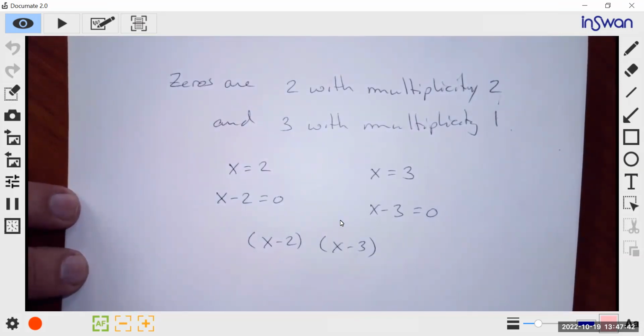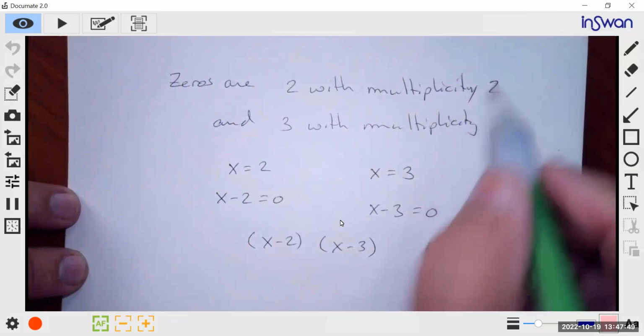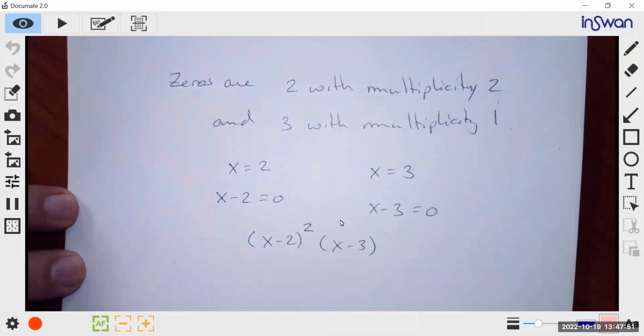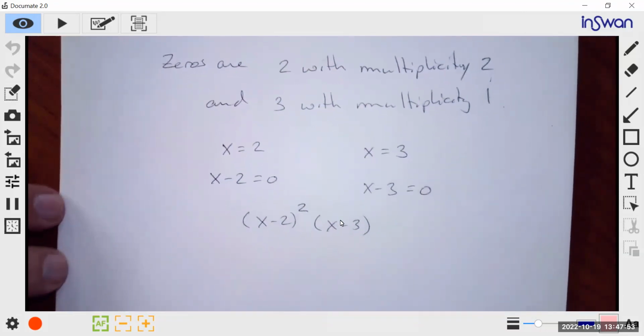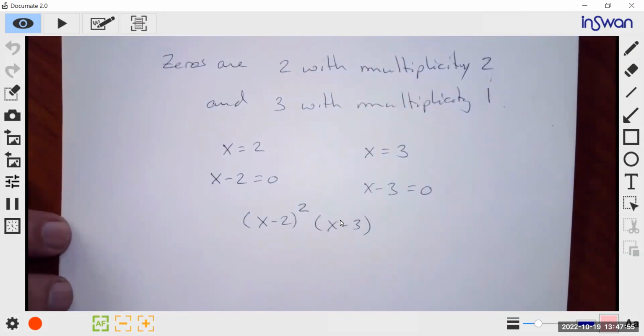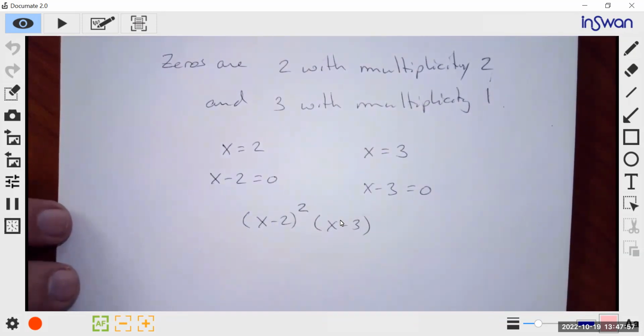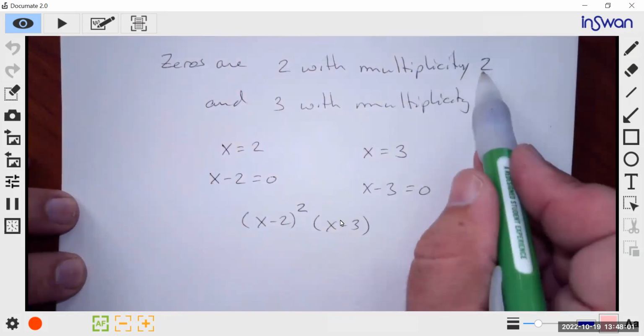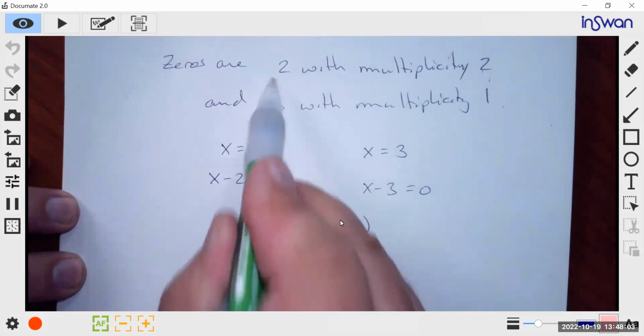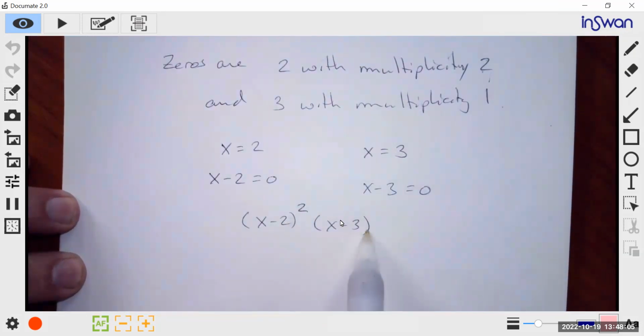What is a multiplicity? The multiplicity is the exponent of your zero. Since the multiplicity is 2 on this zero, I have to put a 2, and that one is a 1.